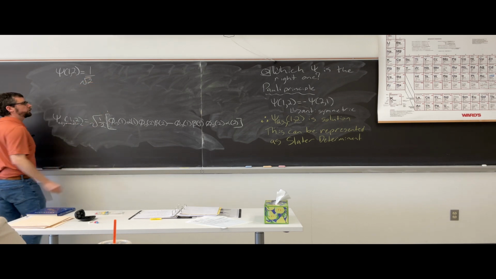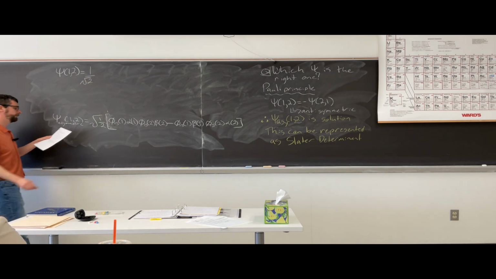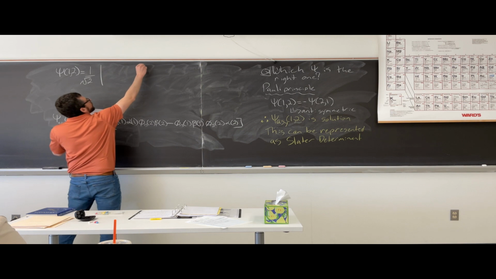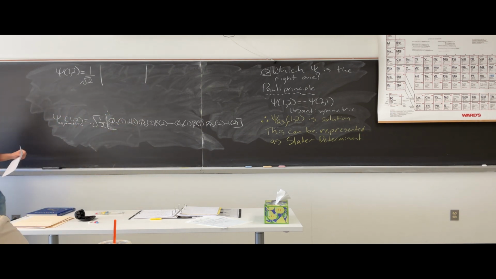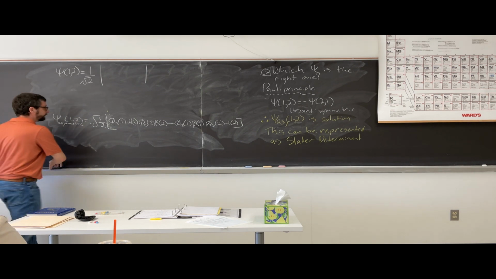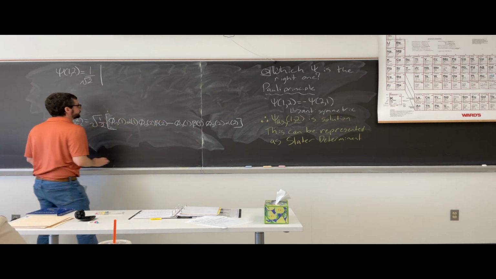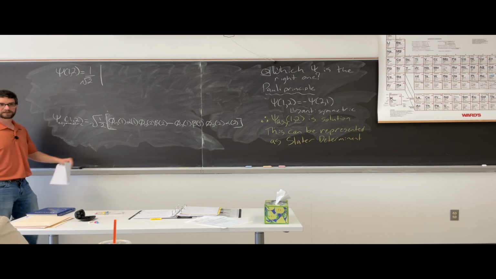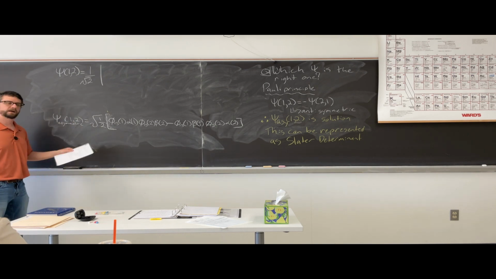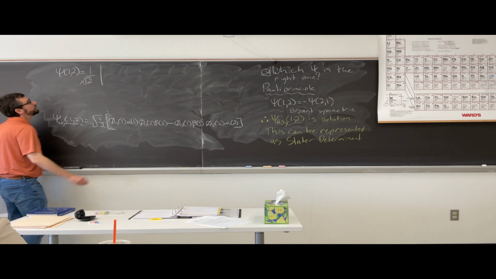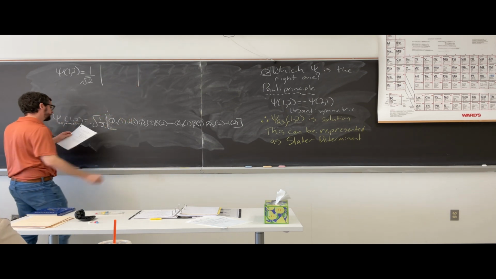So we'll have 1 over square root of 2. Actually, I'm going to probably need more space than that. Let's see. How big of a matrix, or how big of a determinant, will I need here? Yep, it's going to be a 2 by 2.